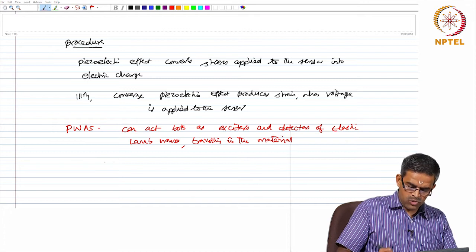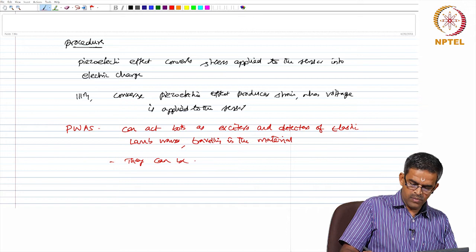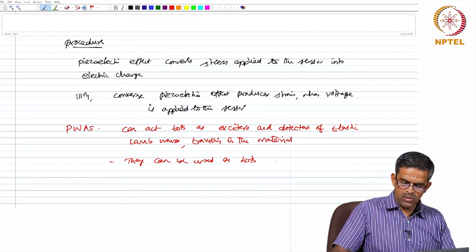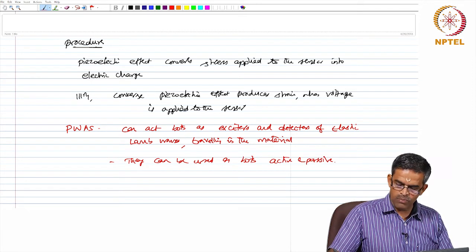They can be used as both active and passive probes.